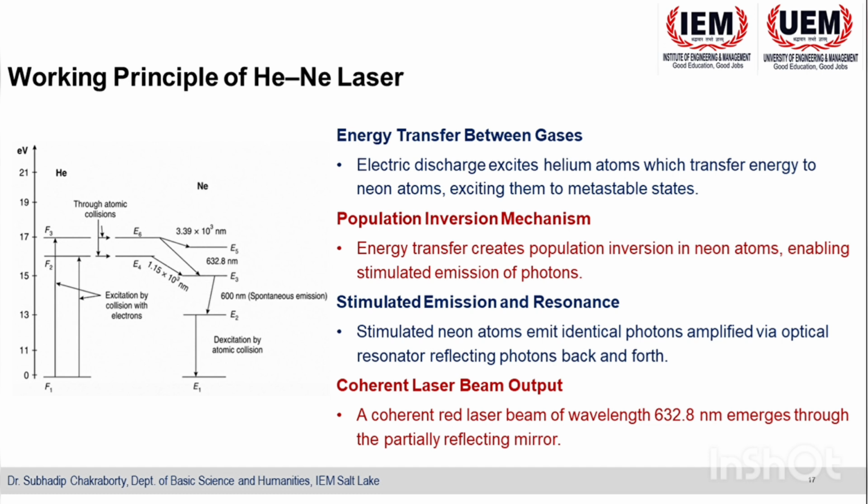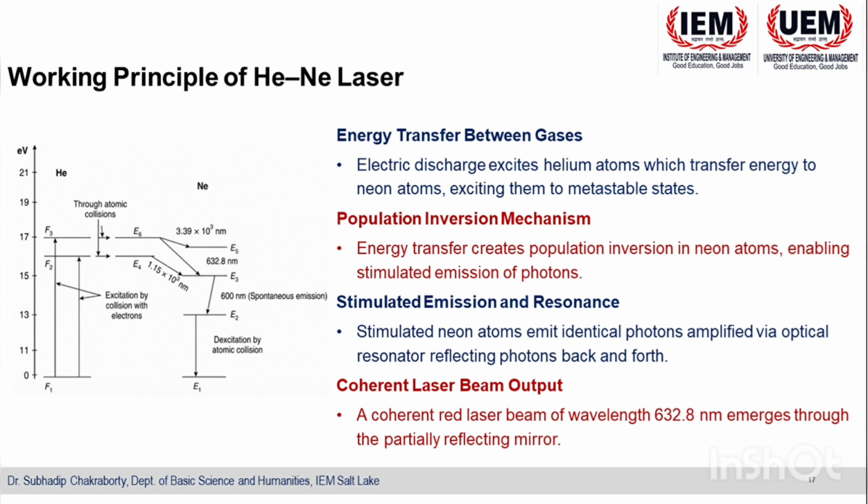These excited helium atoms then collide with neon atoms. Since the energy levels of excited helium and neon atoms are very close, energy transfer occurs efficiently through inelastic collisions. As a result, neon atoms are excited to metastable states. This process creates population inversion in neon atoms.